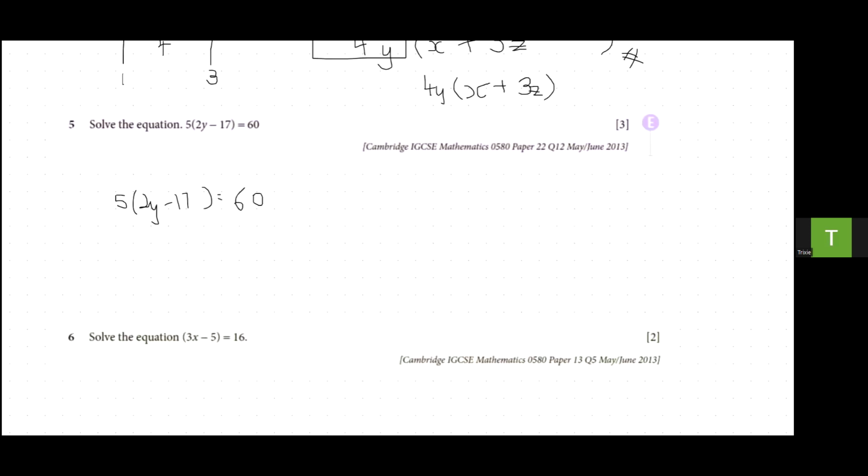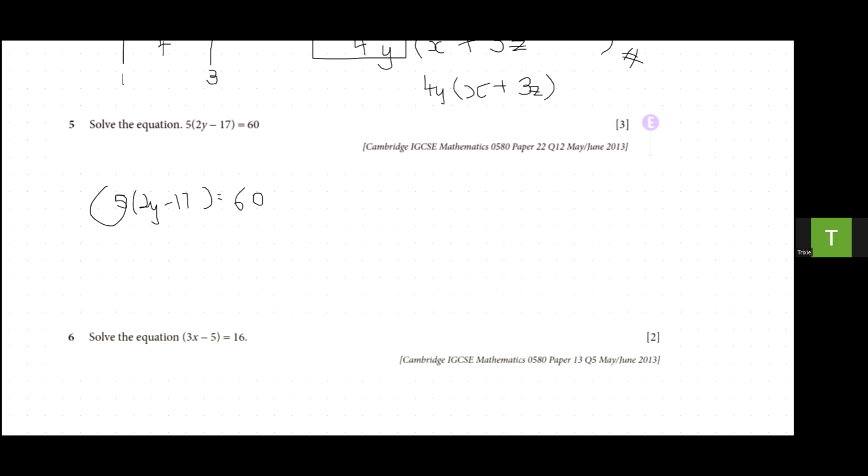So firstly, according to BEDMAS, we need to do the subtraction and addition first, but there's nothing, so you can see that 5 is outside of the bracket, so we need to remove the brackets. 5 is outside of the bracket, meaning times, so 5 times in bracket 2y minus 17.